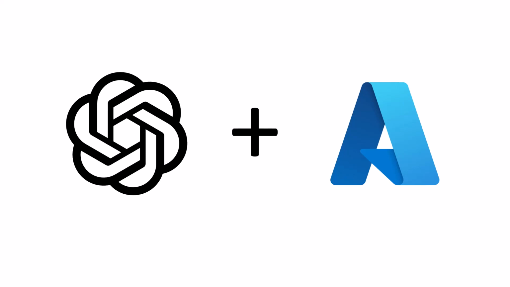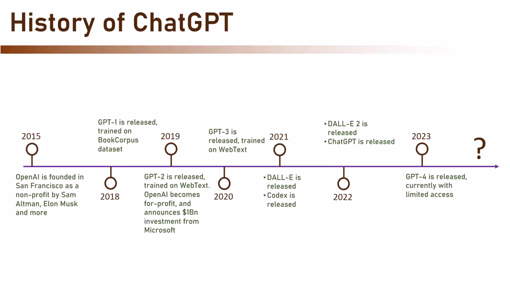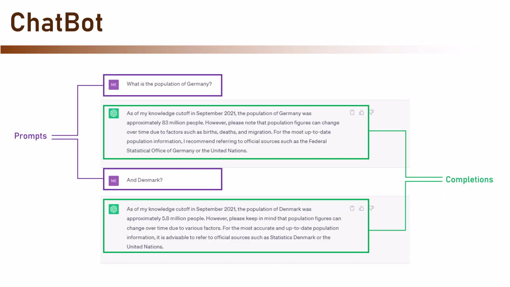So, what are we going to learn in this practical course? We will begin with a quick overview of the history of GPT models and other AI models of OpenAI, and then learn about the components of the chat in ChatGPT. And then comes the fun part.